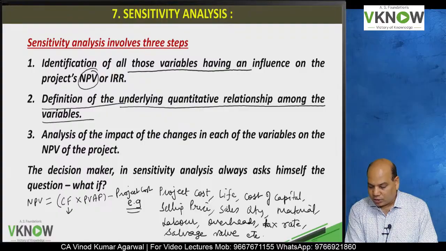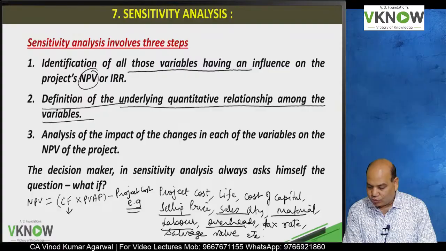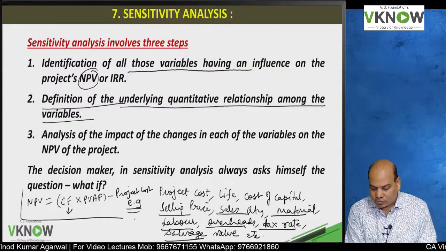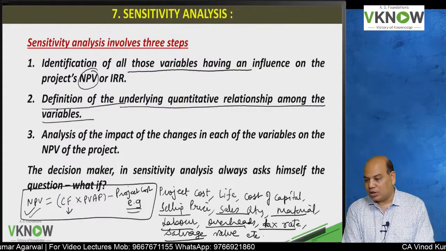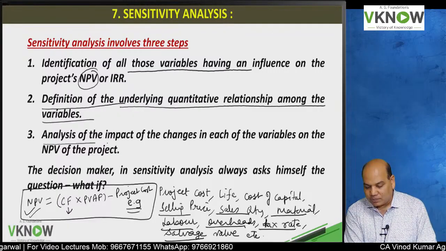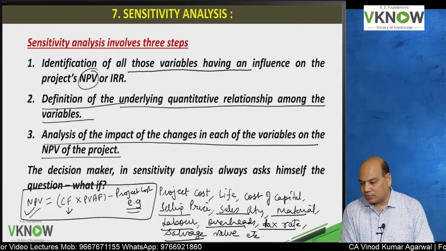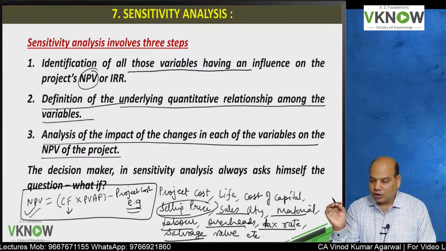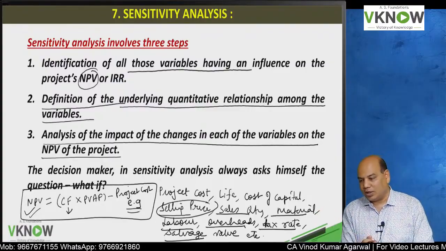And again, cash flow depends on selling price, sales quantity, material, labor, overhead, tax rate, salvage value, etc. So I will write all this mathematical formula, which helps me to compute NPV and analyze the impact of change in each variable on the NPV of the project. If selling price changes, if quantity sold changes, how will the NPV be affected?